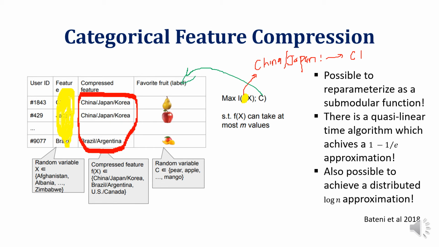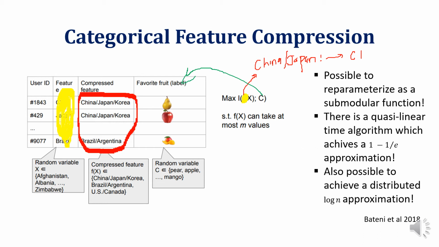Now you want to maximize the mutual information of this, not feature selection but kind of feature compression on the set of features, with some given classes. For example, the favorite fruit, which could be what the class C corresponds to.